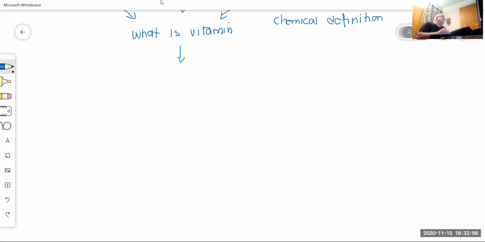So is it a vitamin for microbes? Let's say lactic acid bacteria. Or is it a cell culture? Is the human? Or is it something else?